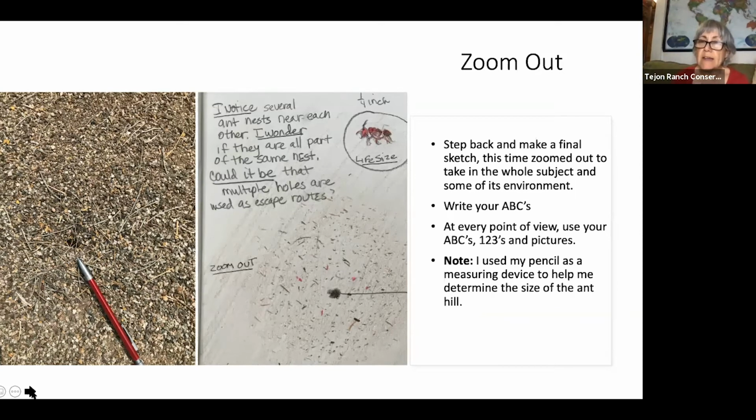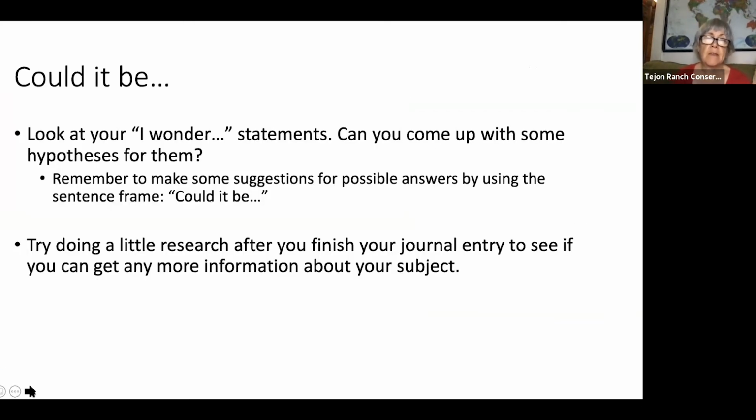The radius of that anthill from where the pencil was 6 inches. On the other side, it was a little larger, maybe 7 inches. So the diameter of that anthill is probably 13 or 14 inches. So you can use all kinds of things to be a measuring tool. When you're doing those could it be's, remember that's your hypotheses.